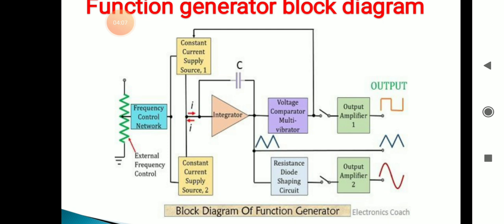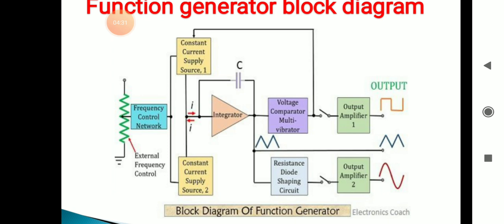Point number 4: let the upper constant current source be on and supplying constant DC current I1 to an integrator. Now the output of the integrator is V0i. Consider V0i equal to minus 1 by C integration of I1 dt with respect to time.